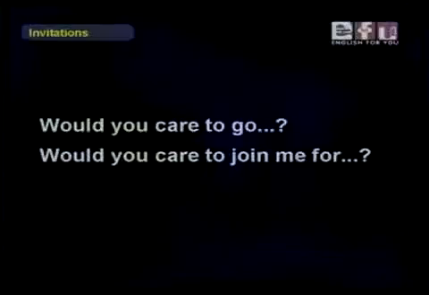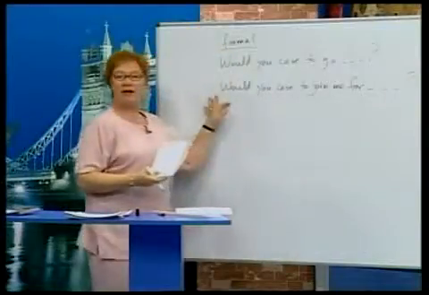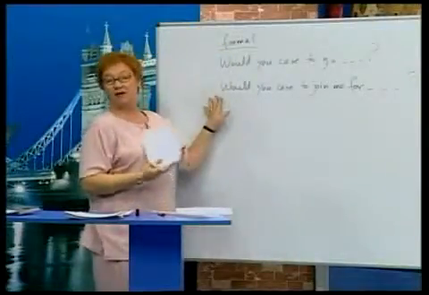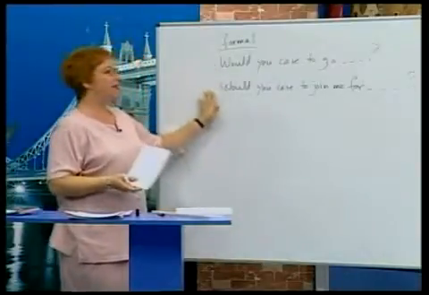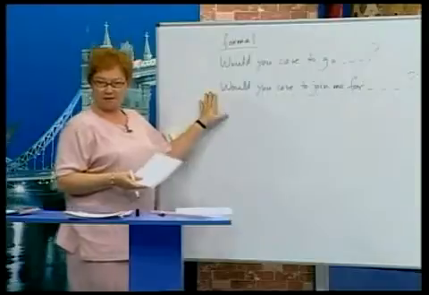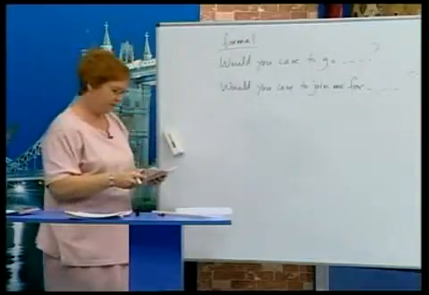Or another one is, would you care to join me for dinner tomorrow evening? Okay, so would you care to go? Would you care to join me for dinner? Okay, so these are very formal.